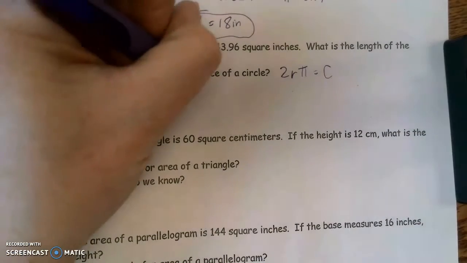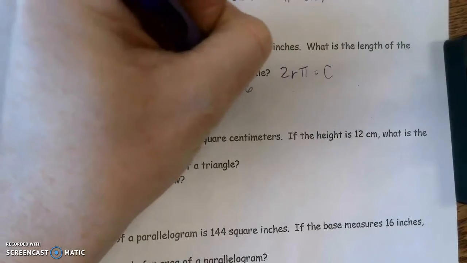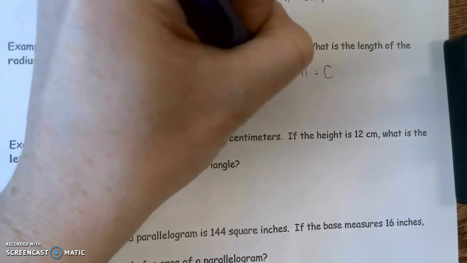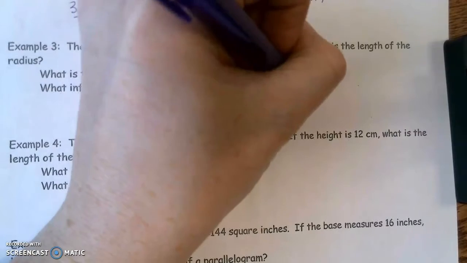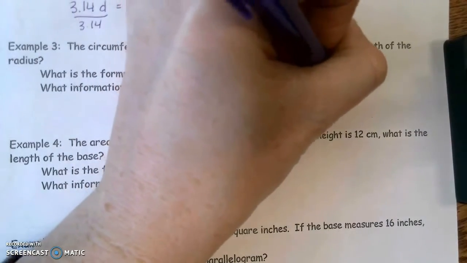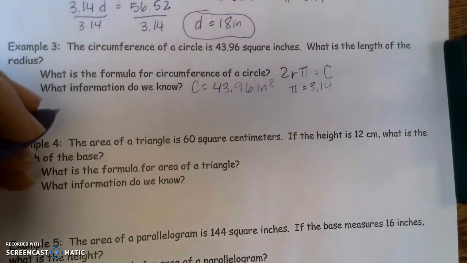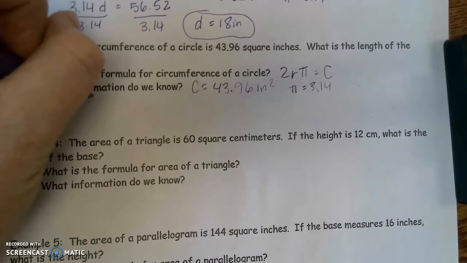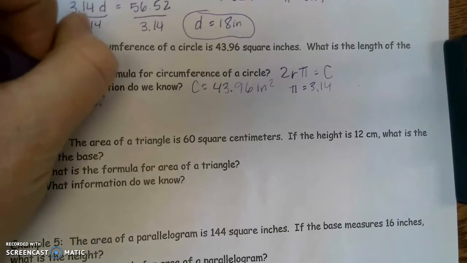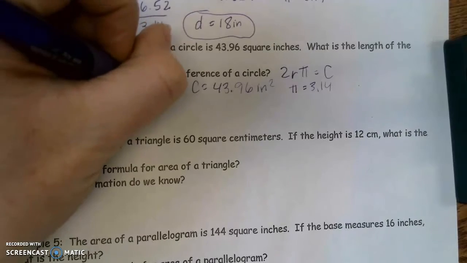We know that the circumference is 43.96 inches squared, and we also know the value of pi is 3.14. Now I'm going to input all of that information. So I have 2r times 3.14, and that is equal to 43.96.